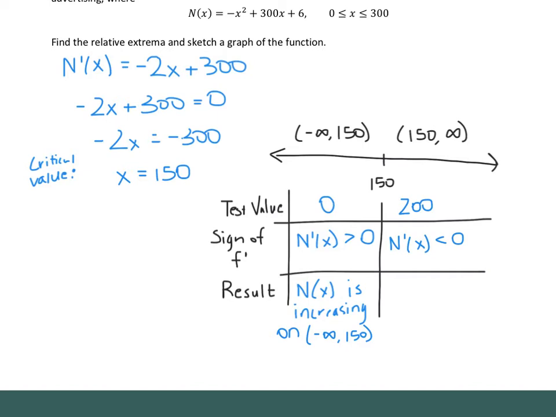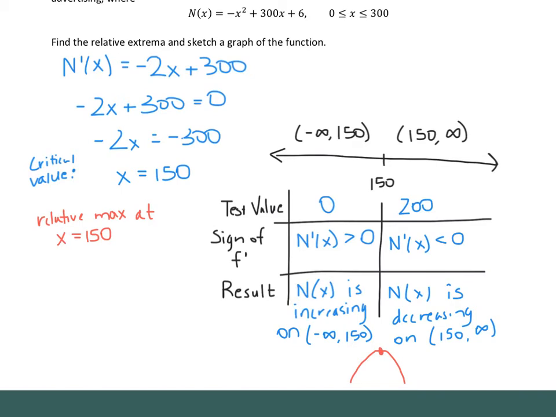If the derivative is negative, the slope of the tangent lines is negative, so the function is decreasing. Since the function goes from increasing to decreasing, that indicates a maximum. So we have a relative maximum at the critical value x equals 150.